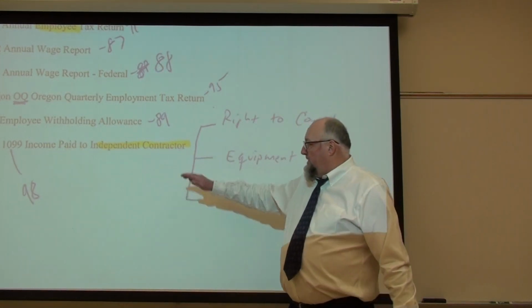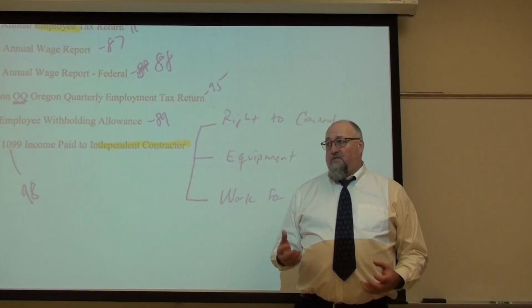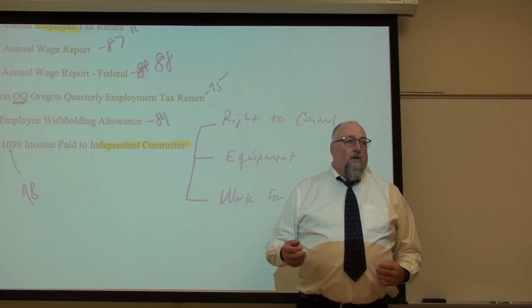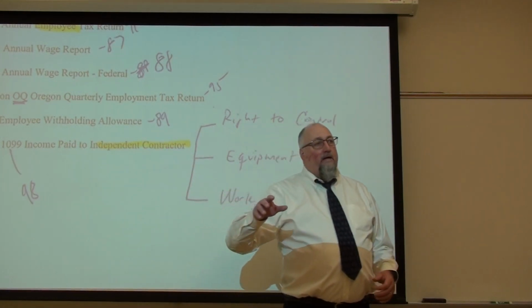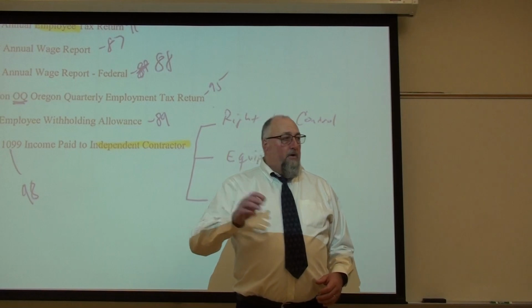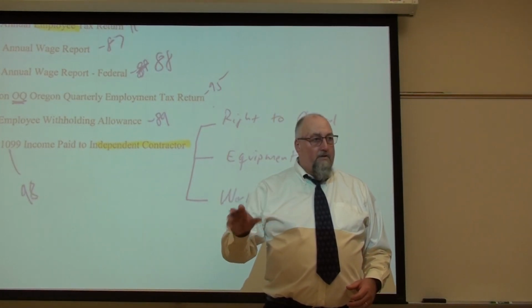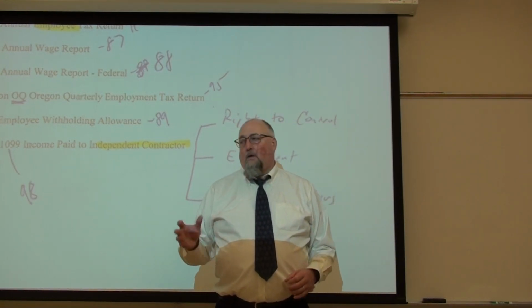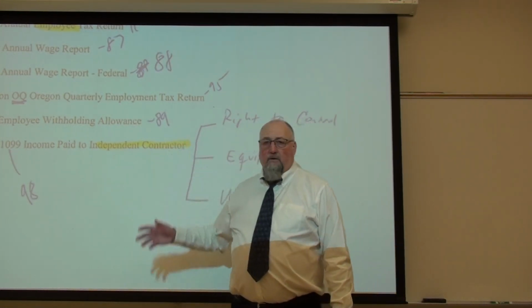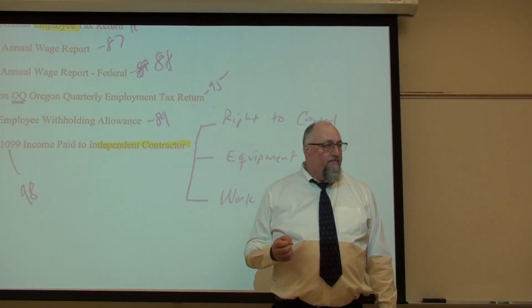One of the big issues with independent contractors, and the reason why this is such a big issue is number one, workers' compensation. If they're truly an independent contractor and they get hurt on the job, for the most part, you don't have to cover them with workers' comp because they're their own company, they're not an employee. Now there's some exceptions to that, but for the most part, you don't have to cover workers' comp or do other type of withholdings and things.